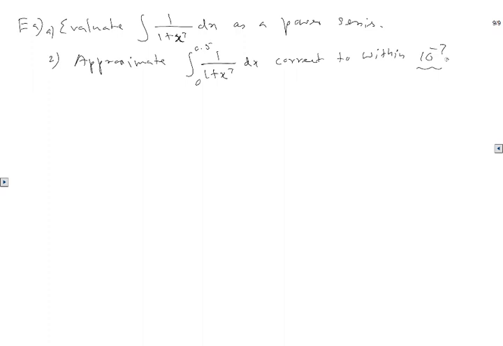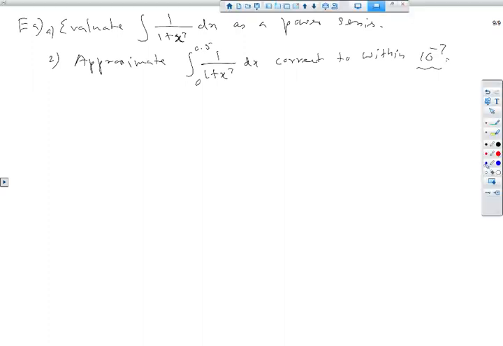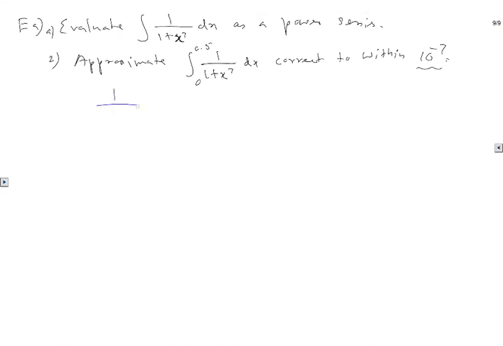So let's do the first part. We know what to do with the first part. We can write this as a power series first. That means you're going to replace x by negative x to the 7 in the original series. So that means we can write this one as 1 minus x to the 7.